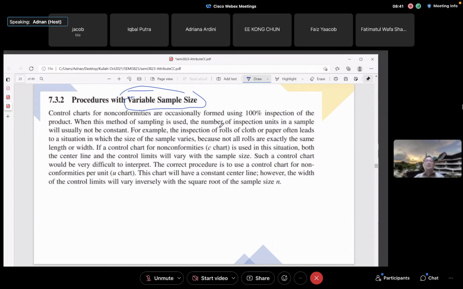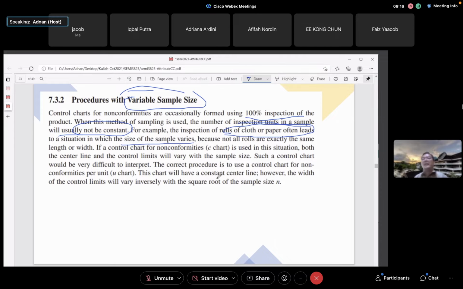Because for an attribute control chart, the inspection is normally 100%. So there are possibilities that the number of inspection units in the sample is not constant. For example, inspection of a roll of cloth or paper leads to a situation where the size varies.